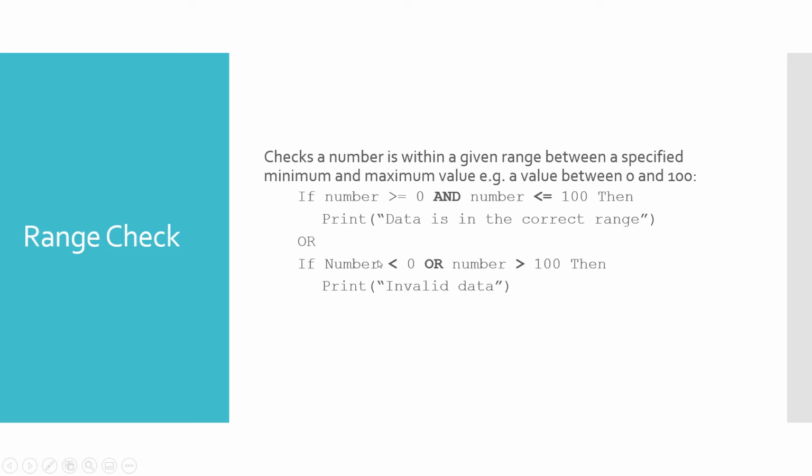In the bottom statement, the comparison operators, the less than sign and the greater than sign, are pointing away from the OR. So the top one is checking that the number is within this range, and the bottom one is checking the number is outside of the range from 0 to 100. It's important you code those the right way around, because logically these are opposites.